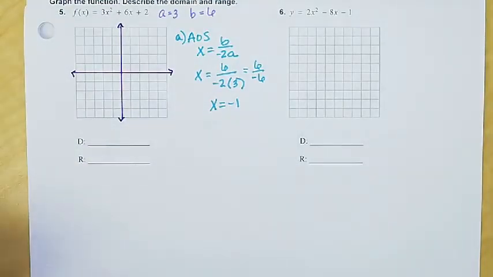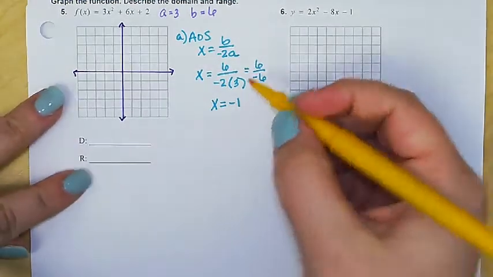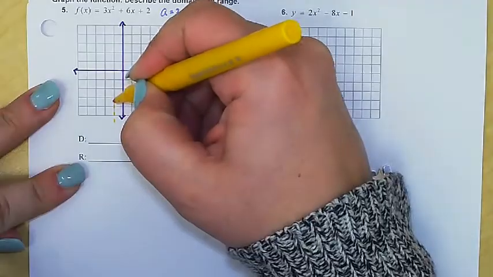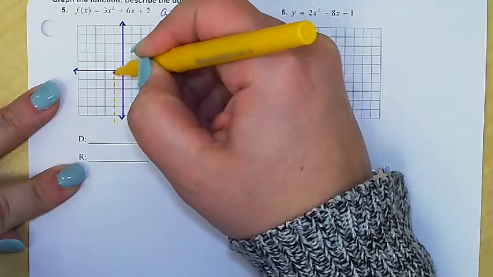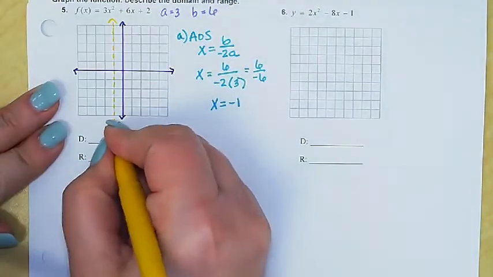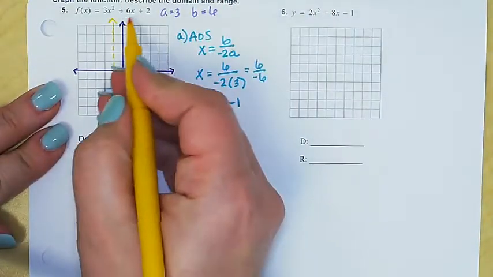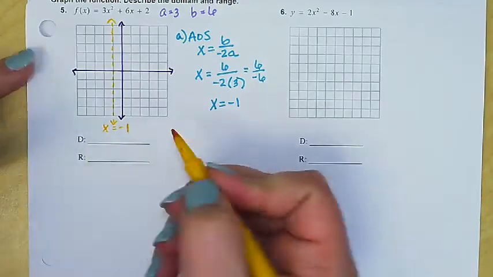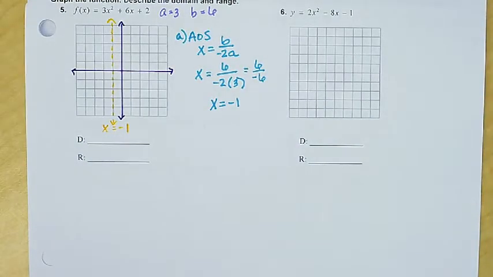I already know, just based on this, that the axis of symmetry lives at that vertical line where x is negative 1. So this is my axis of symmetry over here to the side. See how it has shifted over to the side now that that b value is at play. So it looks like our curve has shifted a little bit to the left there.